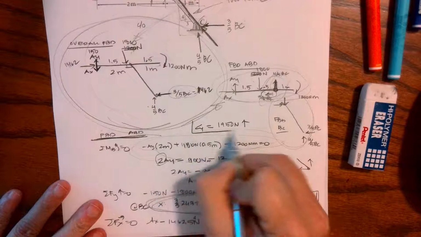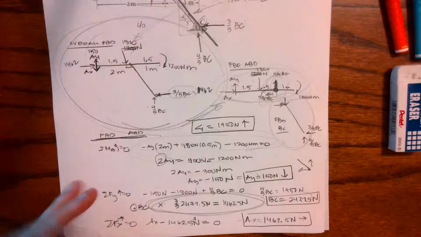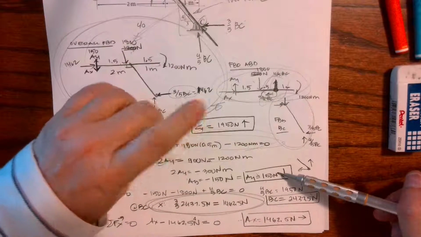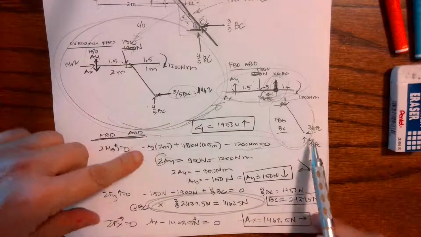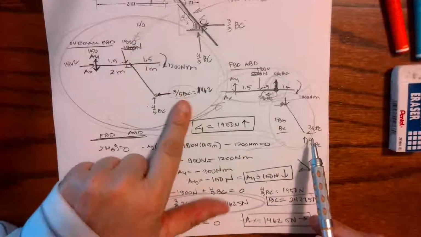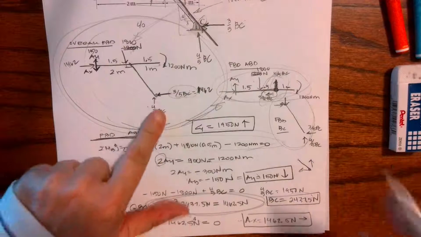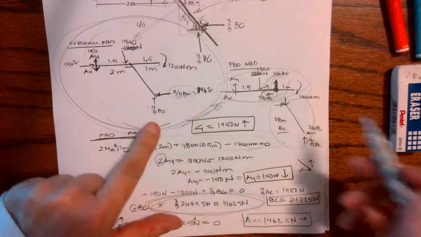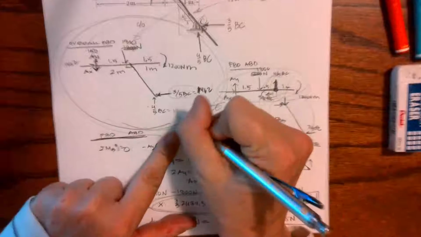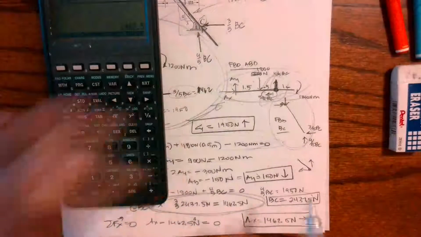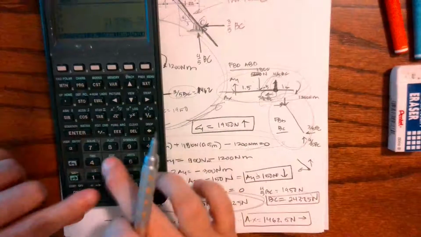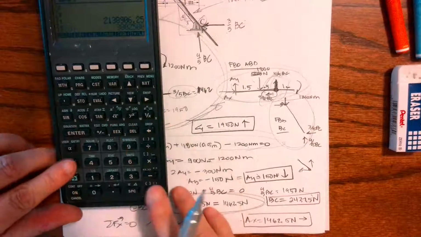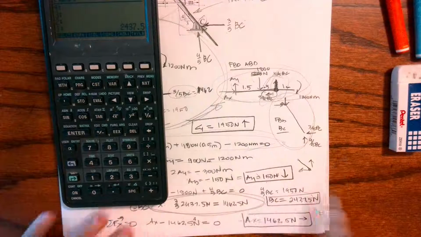It was positive, so it is going up. And I should be able to take CY and CX. I know that this was 1462, and I know that this one was 1950. And it's a 2-force member, so I should be able to take 1462, square it, 1950, square it, add them, and square root it: 2437.